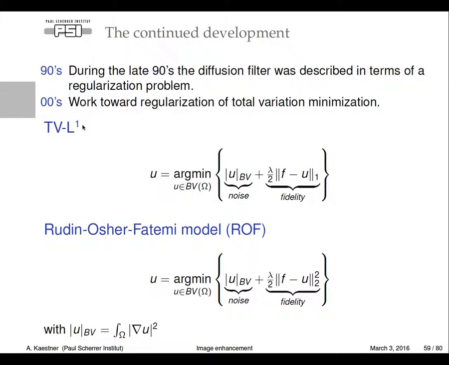And then mathematicians are never satisfied, so they continue. They came into the total variation work and more regularization-based filtering, where you try to minimize this expression, where you have one noise term and the bounded variation, which is essentially the sum of the absolute gradients, and then the fidelity, how much you are relating back to the original image.